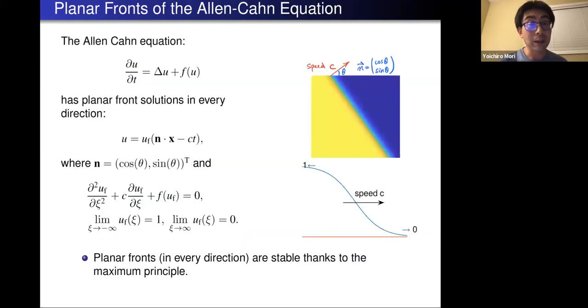So let us review a little of what we know about the Allen-Cahn equation, ∂u/∂t equals Laplacian u plus F(u).